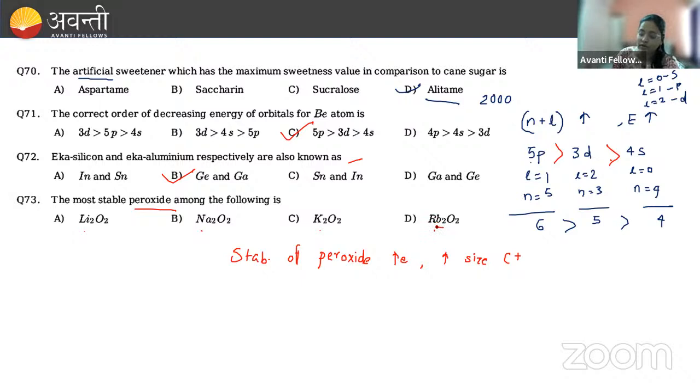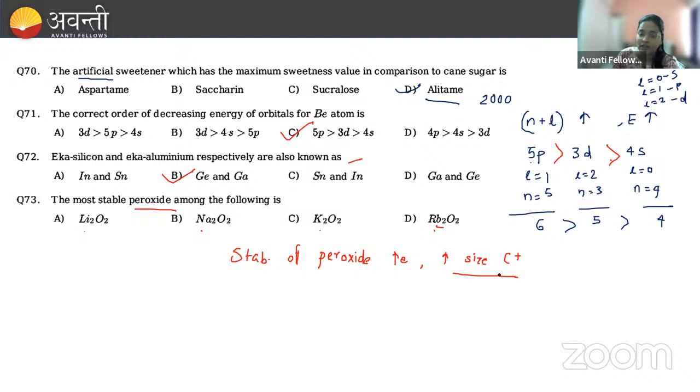Why do we need a big cation here? Because a large cation will easily stabilize the large anion, and that's why we need to find the large cation in order to consider the stability of the peroxide ion.